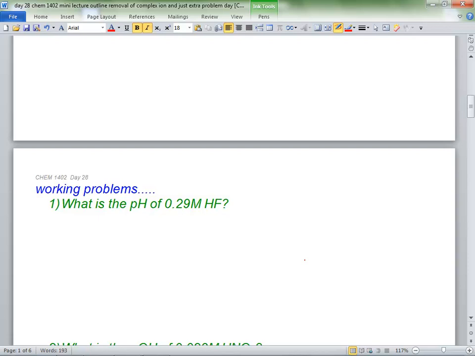So that means everyone knows what to do? Ramiro, what are you going to do? Write out the Ka reaction. And then do ICE. Exactly. Because you want to know the concentration of hydrogen ion at equilibrium, so you can take the negative log of it and get pH. Exactly. So write the Ka reaction for this. How do you know how to write Ka and not a Kb reaction? It's an acid. It's got an H out front. HF.